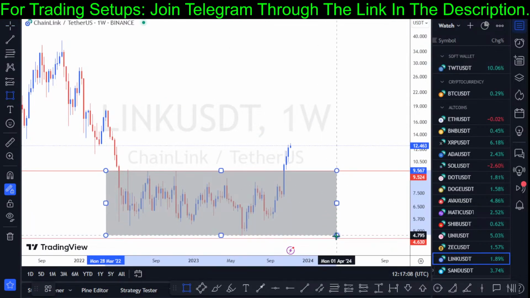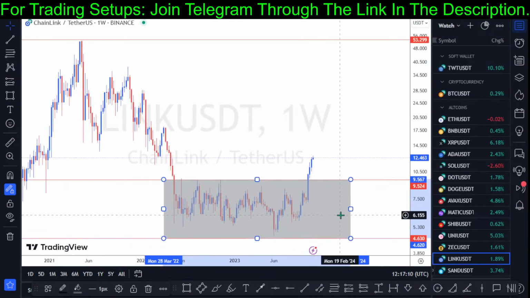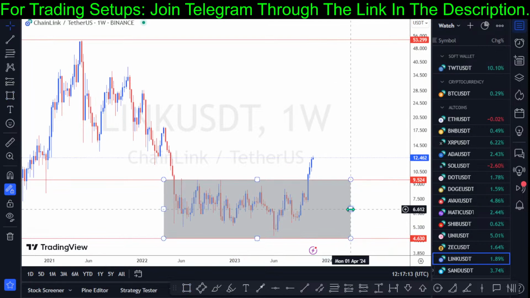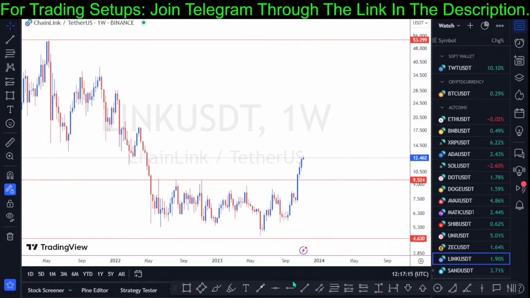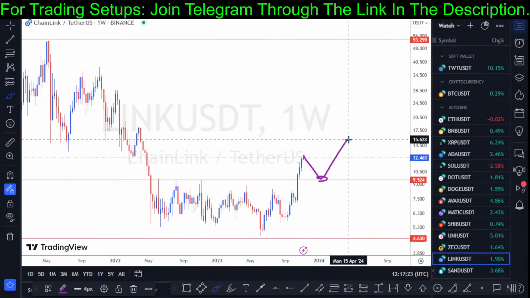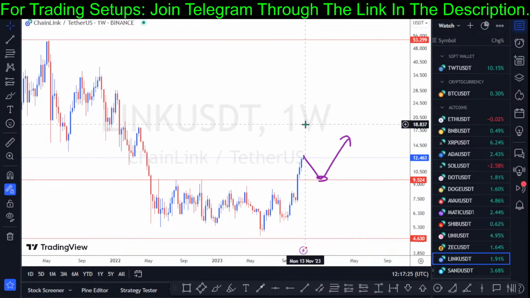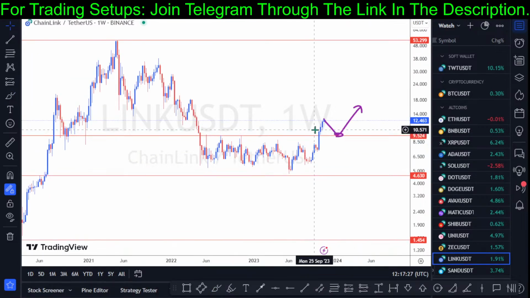Price broke out of this ranging medium at this section right here. What I'm looking out for is to see if price can give us a pullback. If price can give us a pullback, maybe a pullback to the broken upper resistance structure in this downtrend, then I'll be looking out to accumulate more Chainlink right here. So this is based on my technical views in the crypto market on Chainlink. If you're a crypto trader, please check that out.